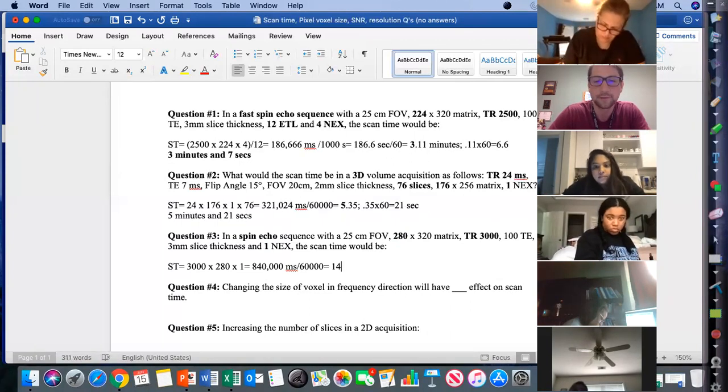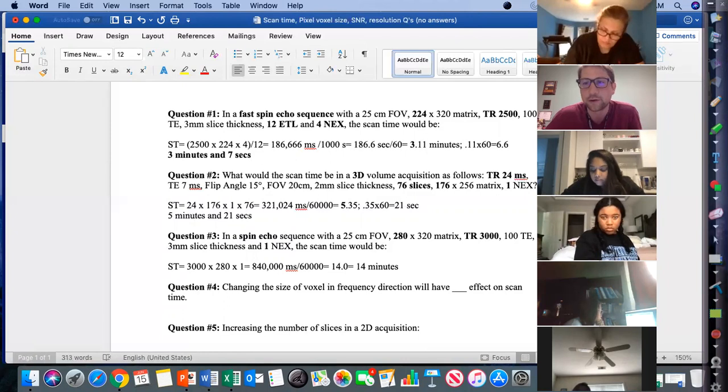And when it comes to 14.0, that just basically means 14 minutes. We don't need to convert whatever's behind the decimal into seconds because there is nothing behind the decimal. So you can see here that we rarely do conventional spin echoes anymore because nobody wants to wait 14 minutes for one pulse sequence.